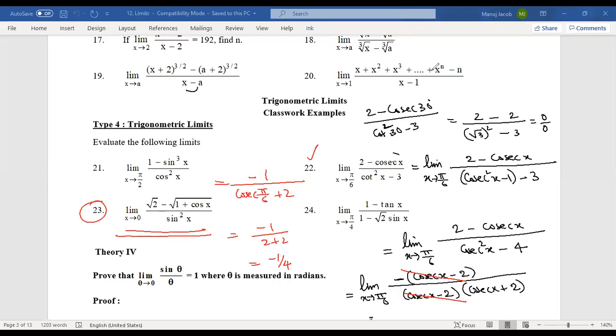Question 23 you must copy. Because this will require a lot of space to write, wait a minute.